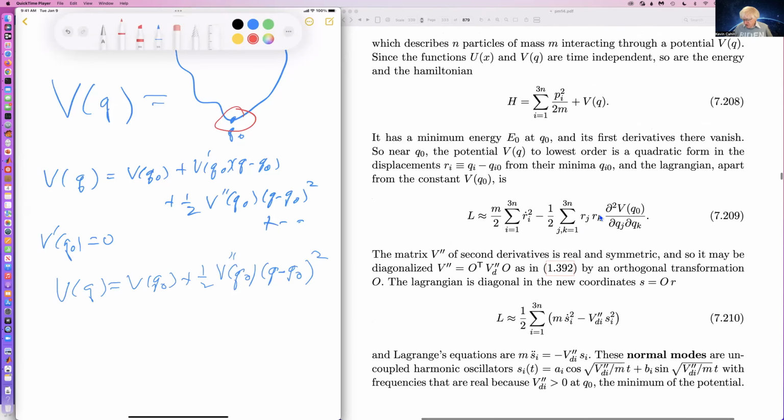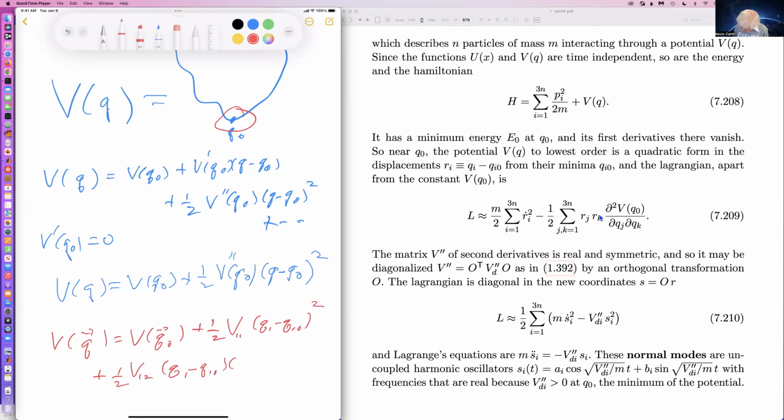Now, if you suppose you have not just one variable, but a particle in 3 dimensions rather than 1 dimension, then V of Q vector is V of Q vector at 0 plus a half V of 1,1 times Q1 minus Q10 squared, plus a half V 1,2 times Q1 minus Q10 times Q2 minus Q20, and so forth.